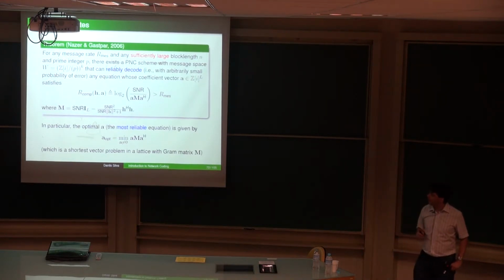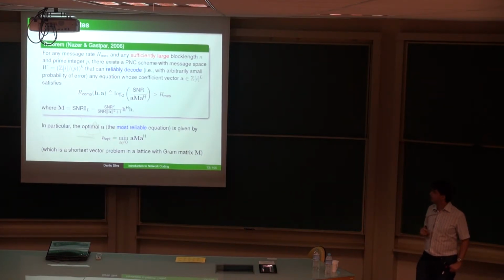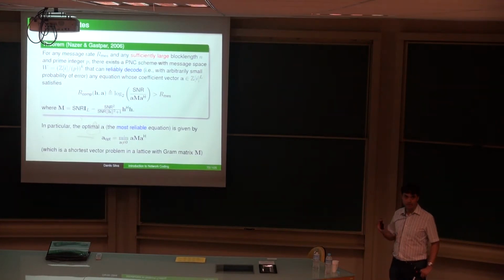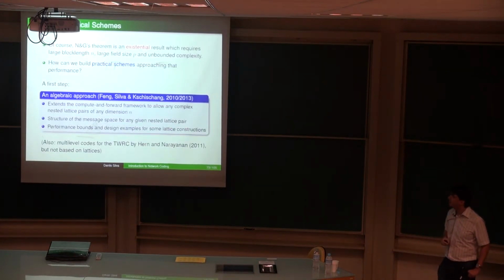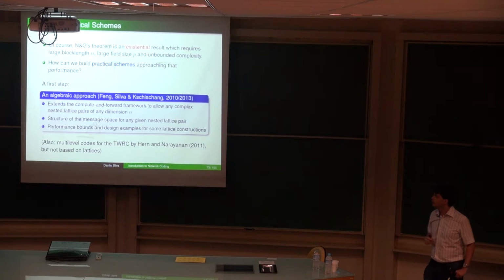And actually, for many situations, you can show that this is better than decode-and-forward. So this is a very interesting result. But this is still an information theoretic result, so it's a fundamental limit. How do we actually build practical schemes that can approach that limit?